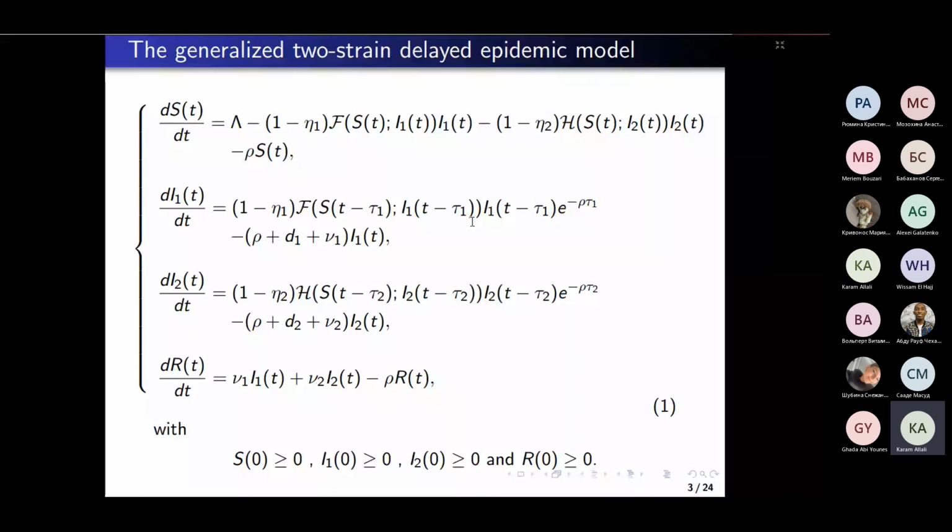Here we have two classes of infected individuals, I1 and I2. There are multiple strains of the same overall disease, and these models try to understand the conditions of coexistence when the disease has many strains.